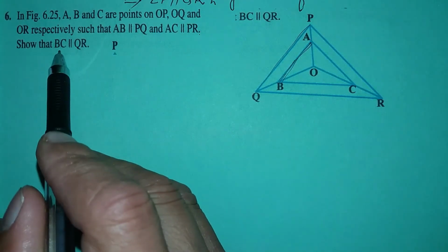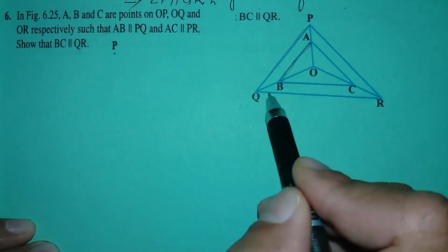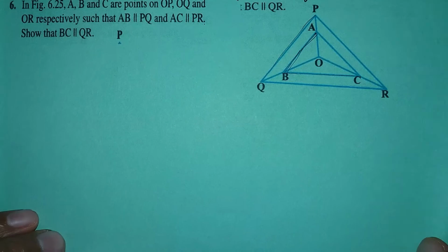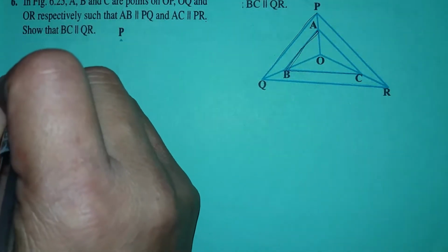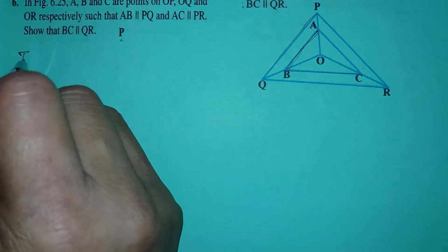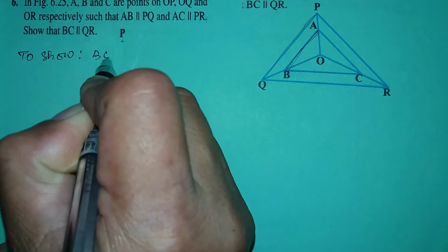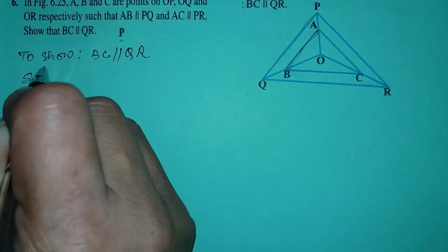Show that BC is parallel to QR. Now we have to show that this BC is parallel to QR. So here also in the same way we are going to prove it. Now here to show is BC parallel to QR.